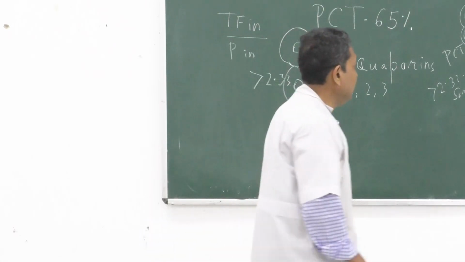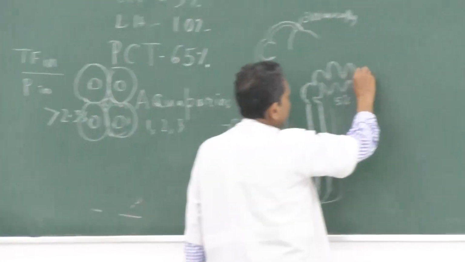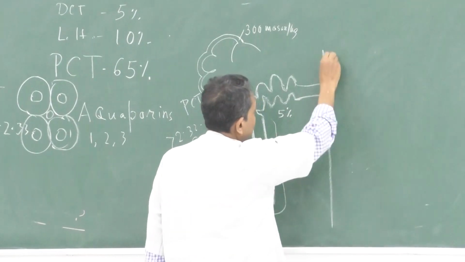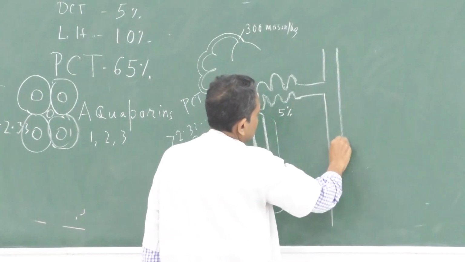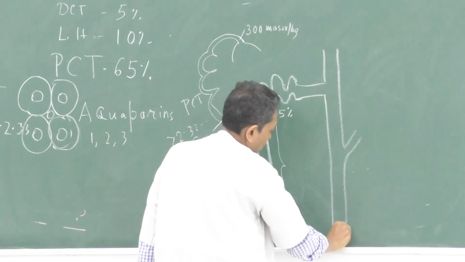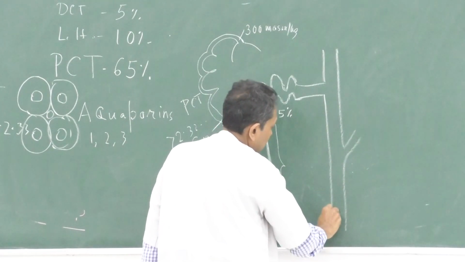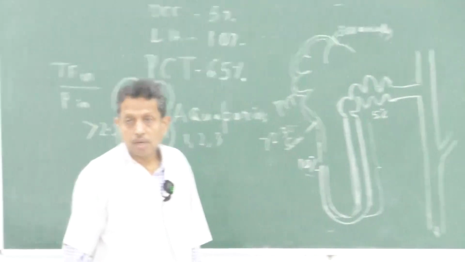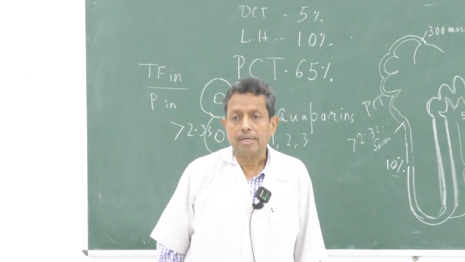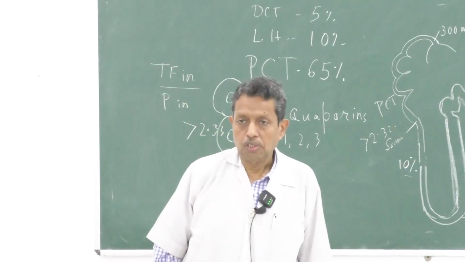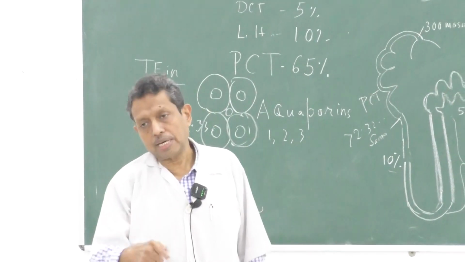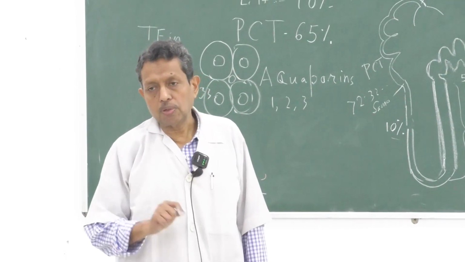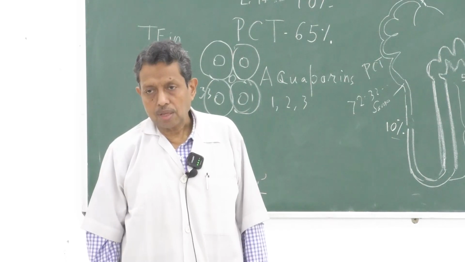Then it enters into the collecting tubule or collecting duct. And in this way, it is eliminated, ultimately entering the renal pelvis. Whether it is a cortical nephron or juxtamedullary, the collecting tubule is responsible for the rest of this.